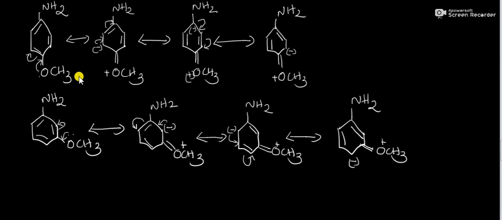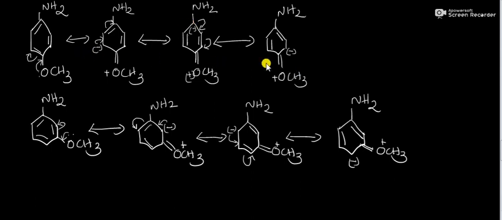Why is para-anisidine more basic than meta-anisidine? Let us discuss its resonance structures. Here, OCH3 group will donate lone pair of electrons from oxygen to this bond, and this bond will shift to this carbon and it will be converted into this structure, and the oxygen loses the lone pair and gets positively charged, and this negative charge will shift to this bond and this double bond will shift to this carbon, and here negative charge will be concentrated on the carbon at which NH2 group is attached.